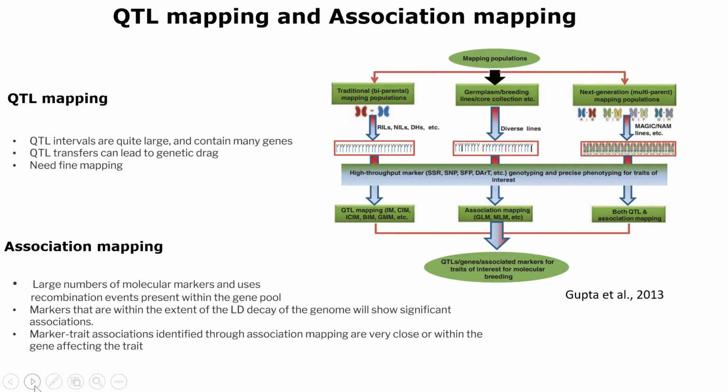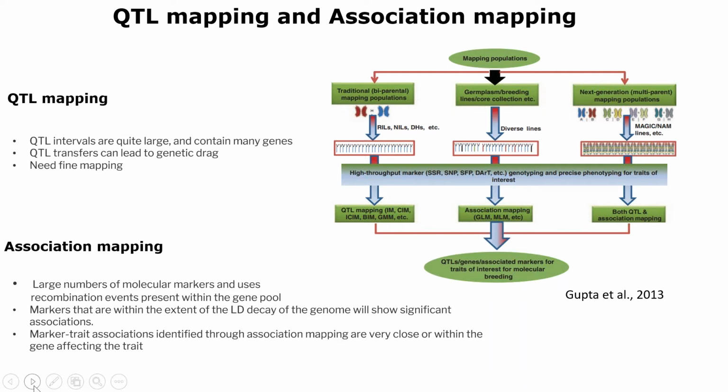We create a mapping population such as RILs, recombinant inbred lines, or near isogenic lines, or double haploid lines, where we develop markers for each of the parents, we create a linkage map, and on the linkage map, we associate the phenotype with different QTL mapping tools, to know where the genomic region responsible for that trait is.